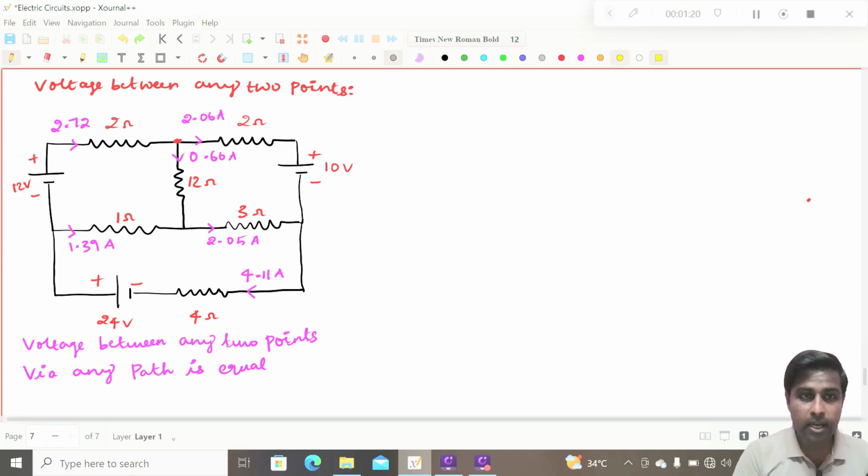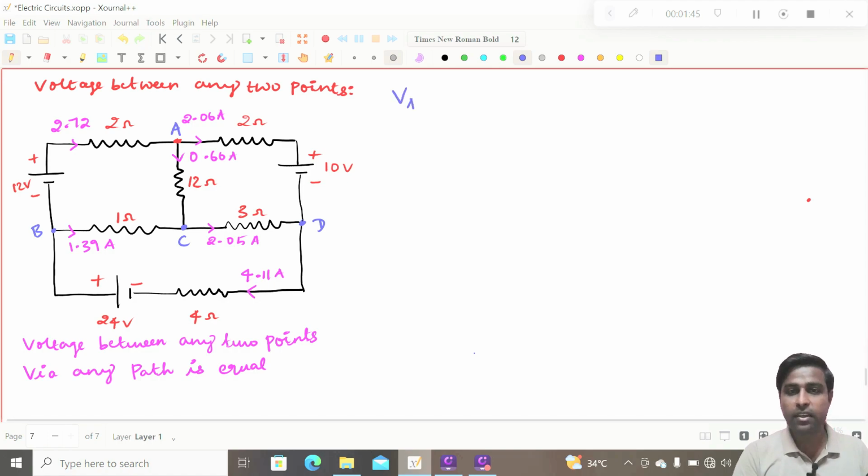This point I will assume as A, this point I am assuming as B, this point I am assuming as C and this point as D, right? Now I need to find the voltage VAB, between point A and B, which means between these 2 points.